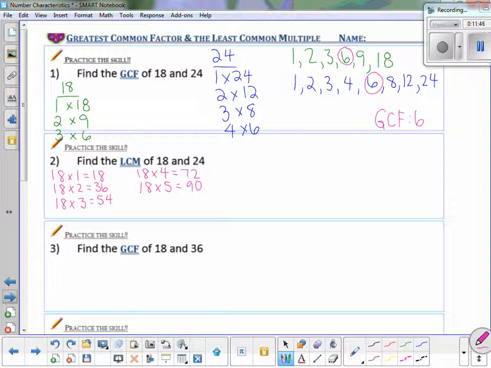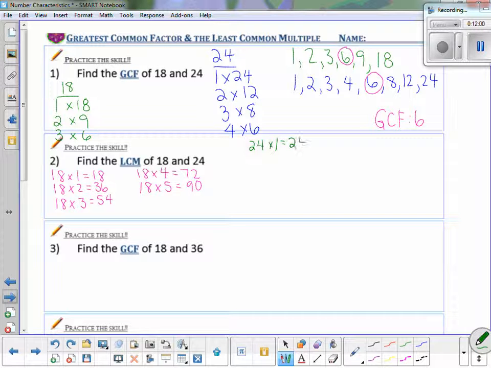Okay. You guys ready for 24? Okay, 24 is really great because it's 1 less than 25. So 24 times 1 is 24, right?